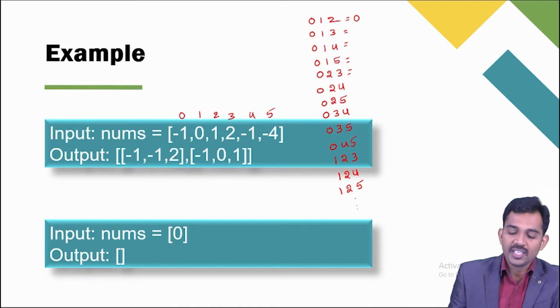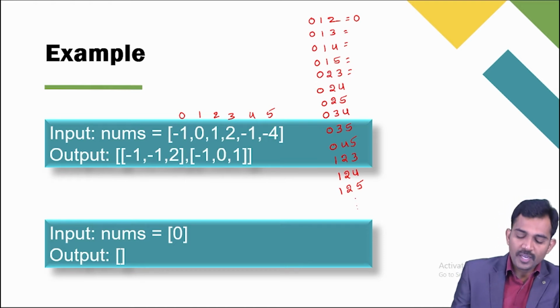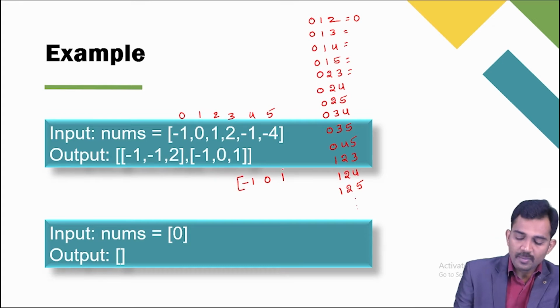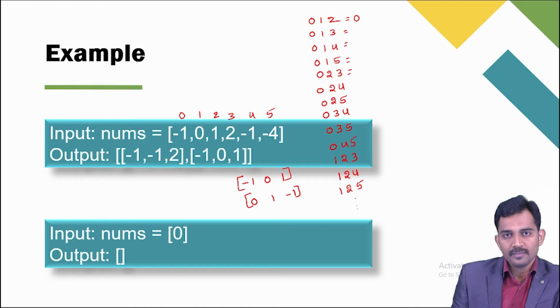And one more condition is that these triplets must not be repeated. It means no duplicates. Without duplicates, you need to find the triplets. What is the meaning of duplicate? For example, if you find that -1, 0 and 1 is one combination, this is one triplet, right? If you write 0, 1, -1, that is also one triplet.